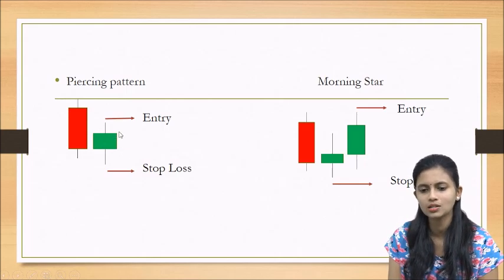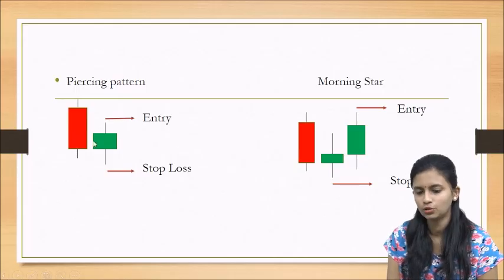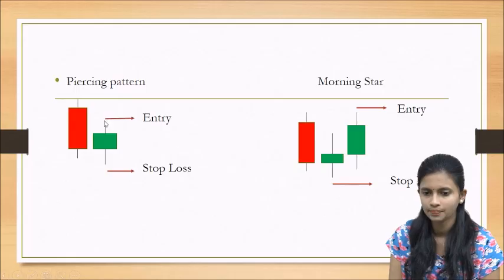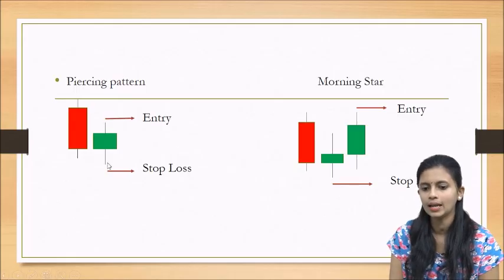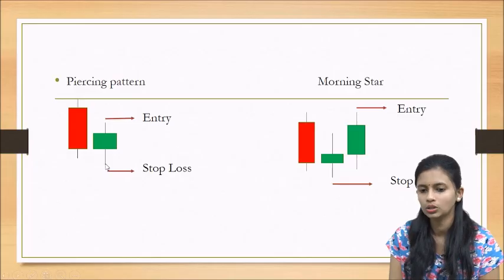If it is a doji, then it is a very good confirmation that buyers are taking power. So after a big red candle, if a doji is formed, then your entry will be just above the high of this doji, and the stop loss will be just below this doji. Okay, the low of this candle will be the stop loss.